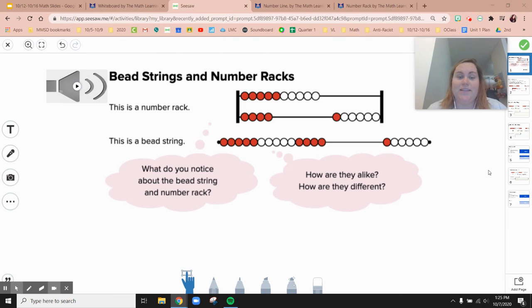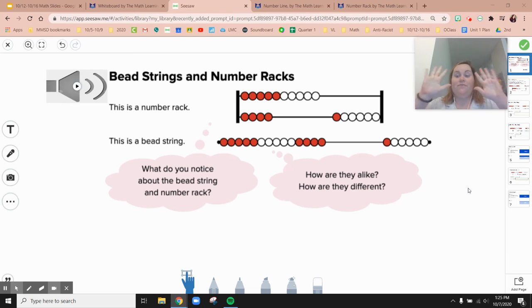So now I want us to think about how our bead string relates to a number rack. Okay, so what do you notice about the number rack here on top? And what do you notice about the bead string right here? So I notice that they're alike because they have 20 beads total.